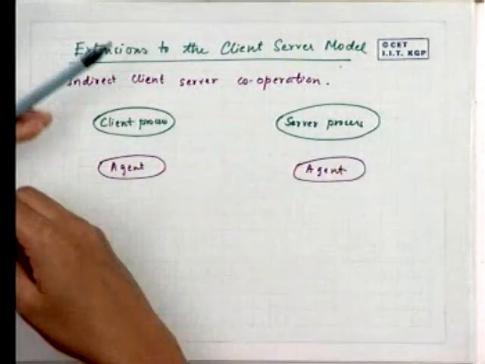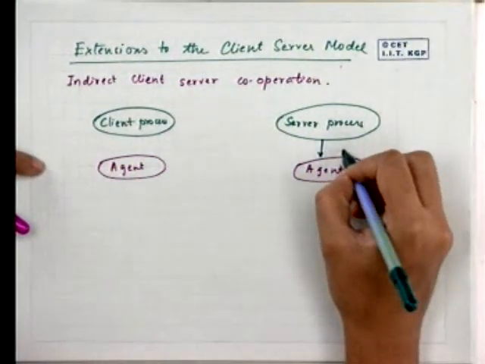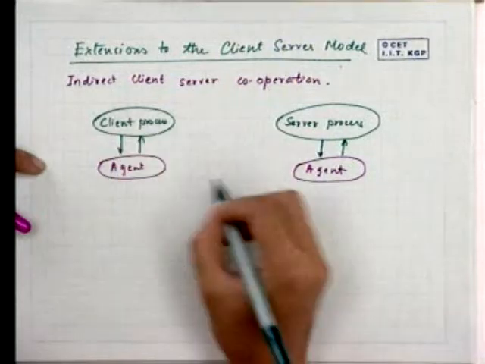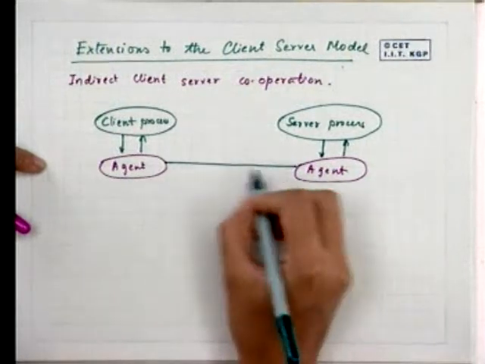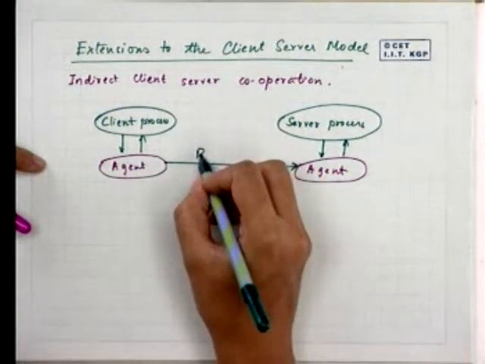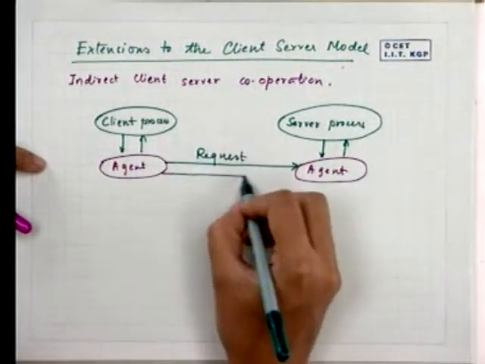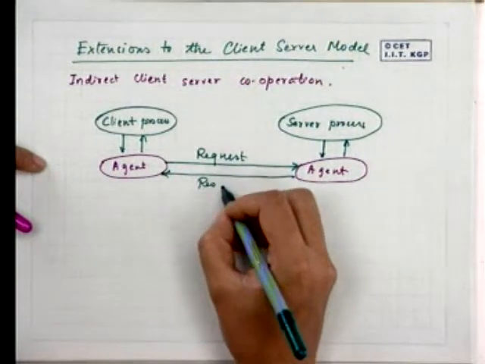There is communication between the server and its agent, and between the client process and its agent. These agents communicate with each other. The agent with the client process sends a request to the agent associated with the server process, and the agent with the server process sends back a response to the agent with the client process.